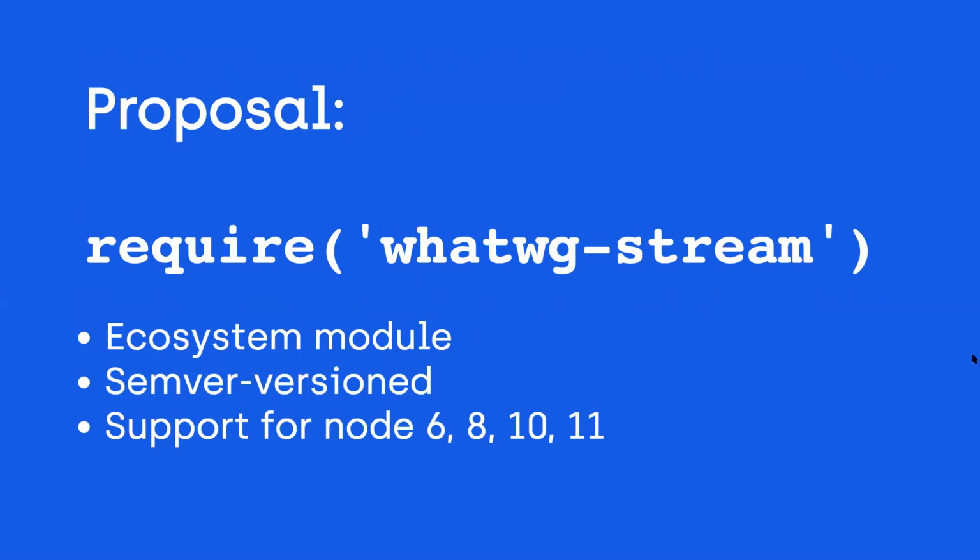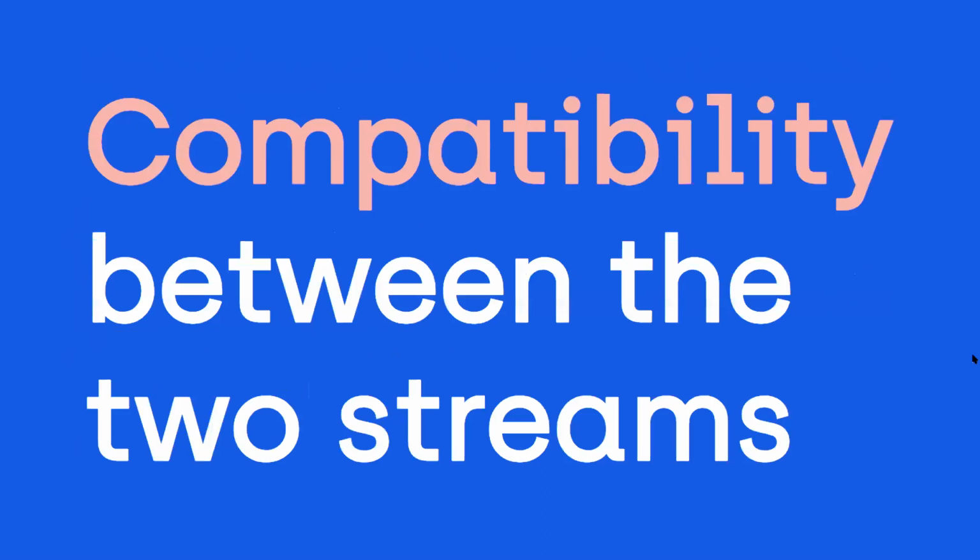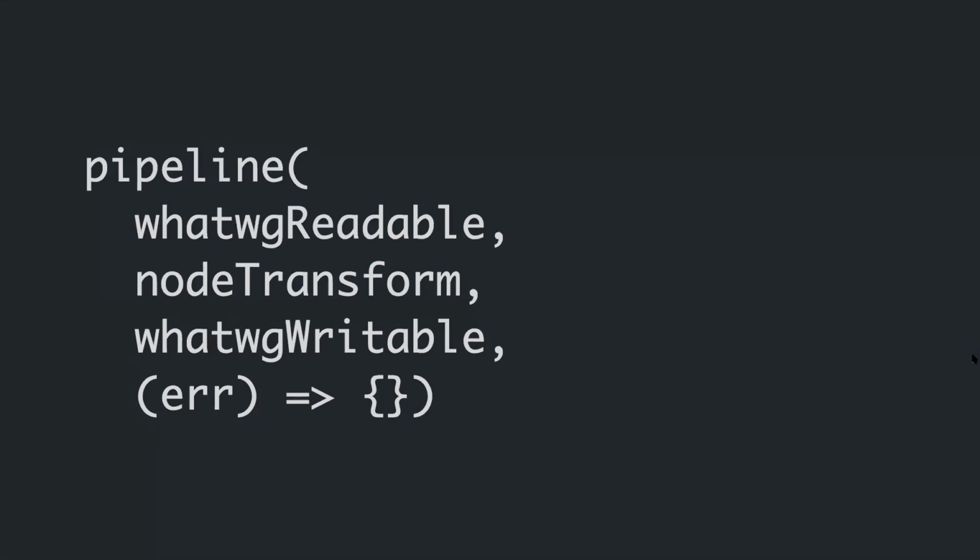It is not really maintained by us. There is some stuff over the internet, but it's not easy. And the question is, how do you make the two streams compatible? Well, you can use something like the pipeline operator that we already introduced in core. The only point where we want to do things is when we want to pipe two types of streams together.